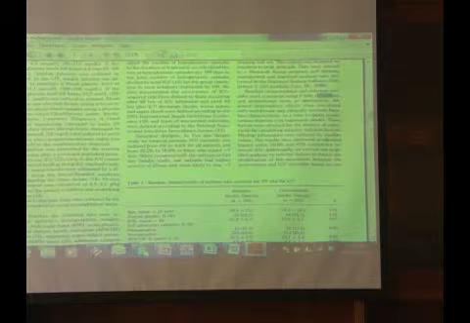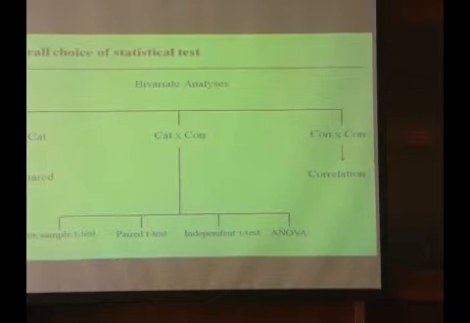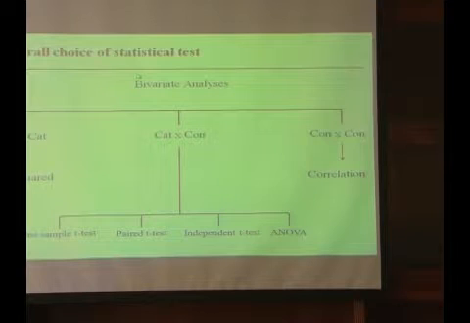If it was categorical, we did a chi-square. So I did all of this to just show you that even if you're doing a complicated analysis, a clinical trial, it all boils down to two types of analyses: categorical with categorical, or categorical with continuous. This is the bivariate analysis.